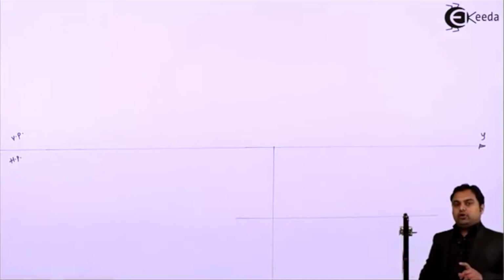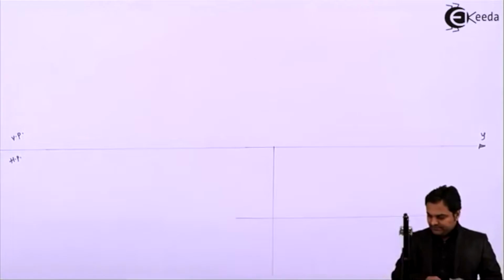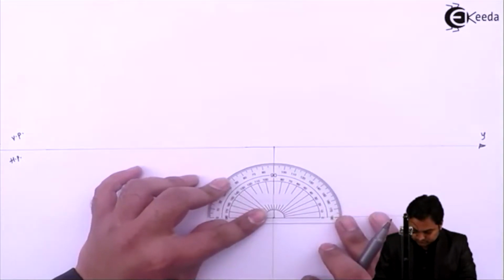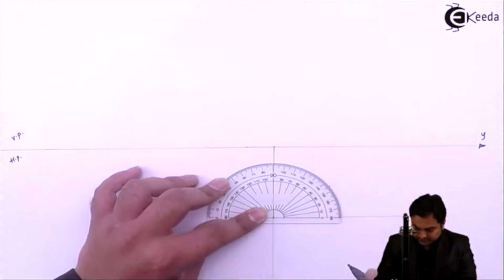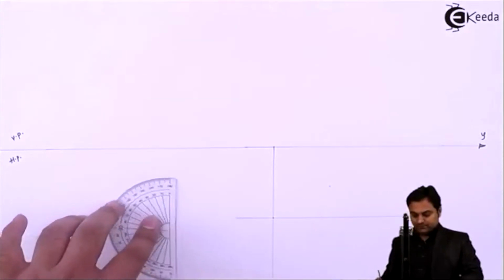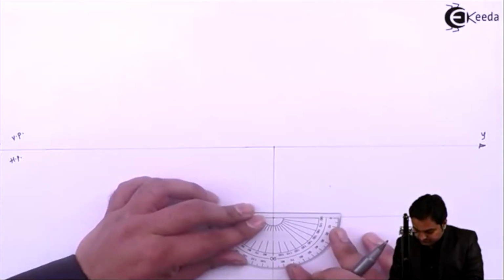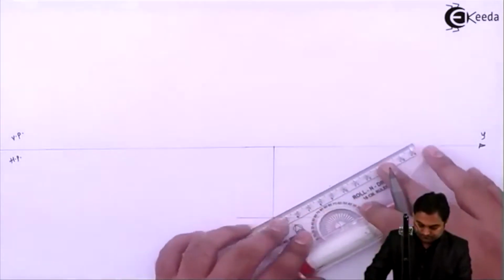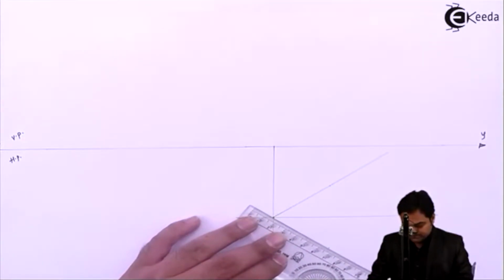Now, the angle for the rhombus is given as 70° between the sides. So for that, I'll be taking a reference point, measuring an angle of 35° on one side. Similarly, I'll measure the angle 35° onto the other side. And then drawing light lines through it.